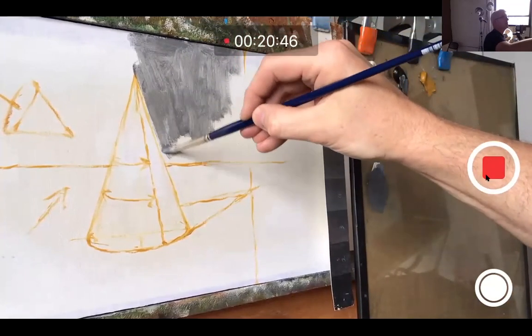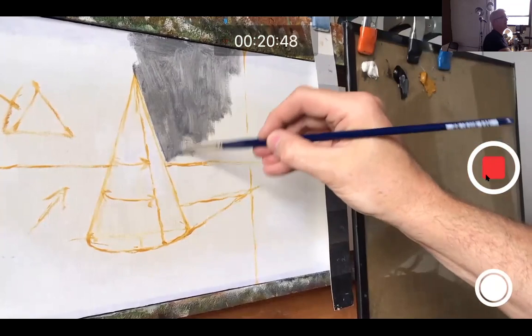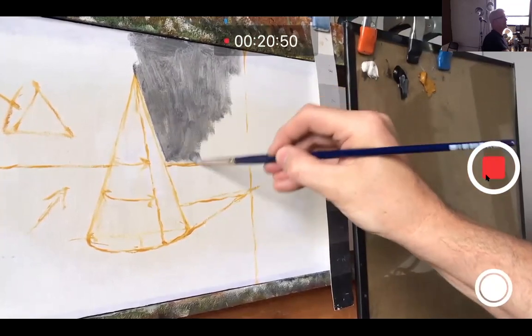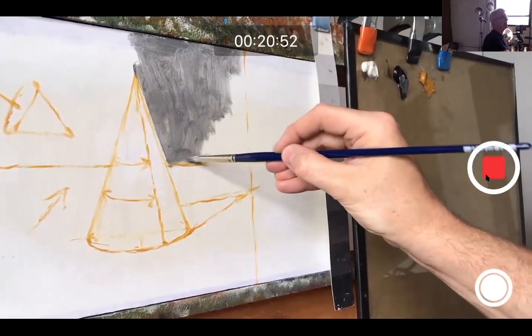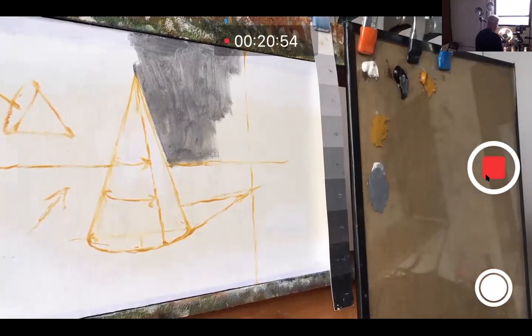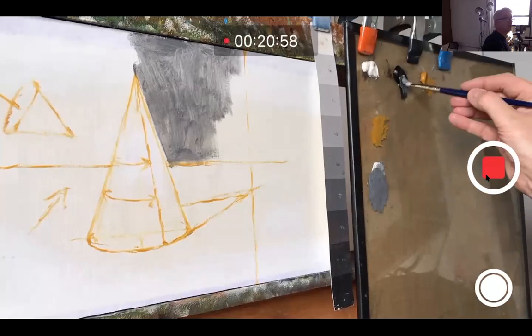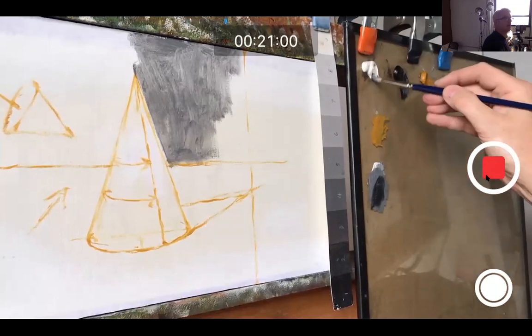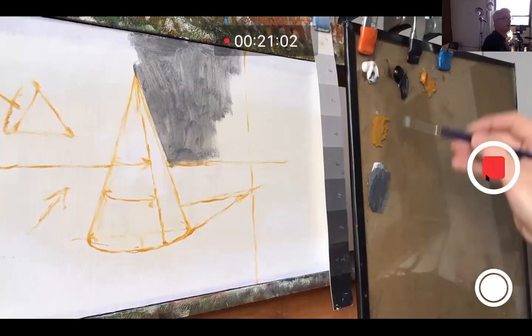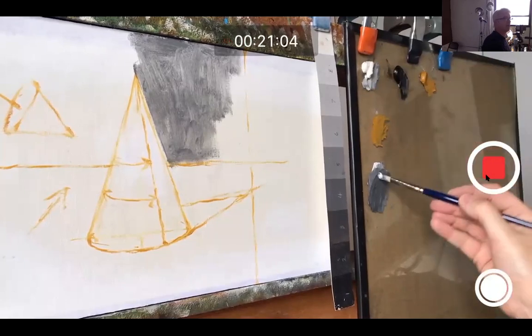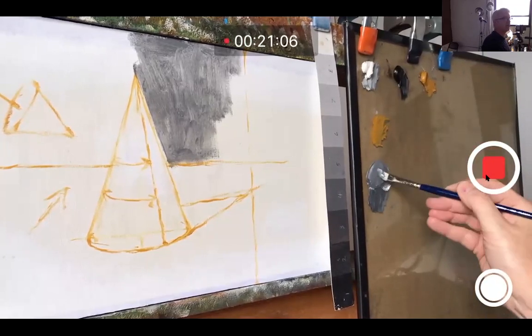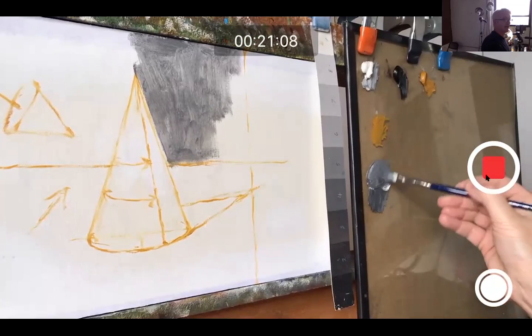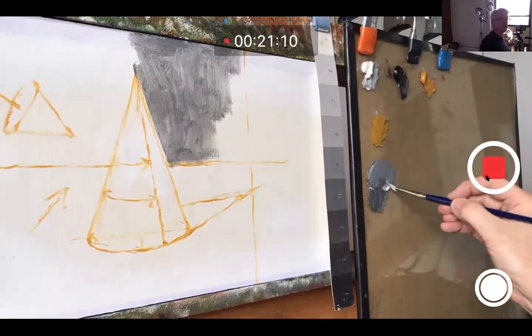So I start by just broadly blocking in the value of the background. I am not looking at any details. I am just blocking in the broad overall value. I'm blocking in just that big value that I've identified the background to be.